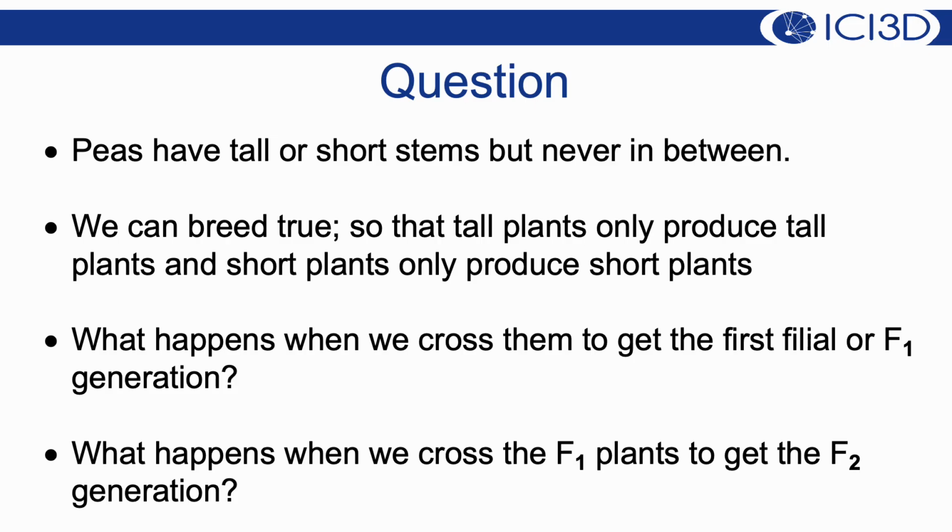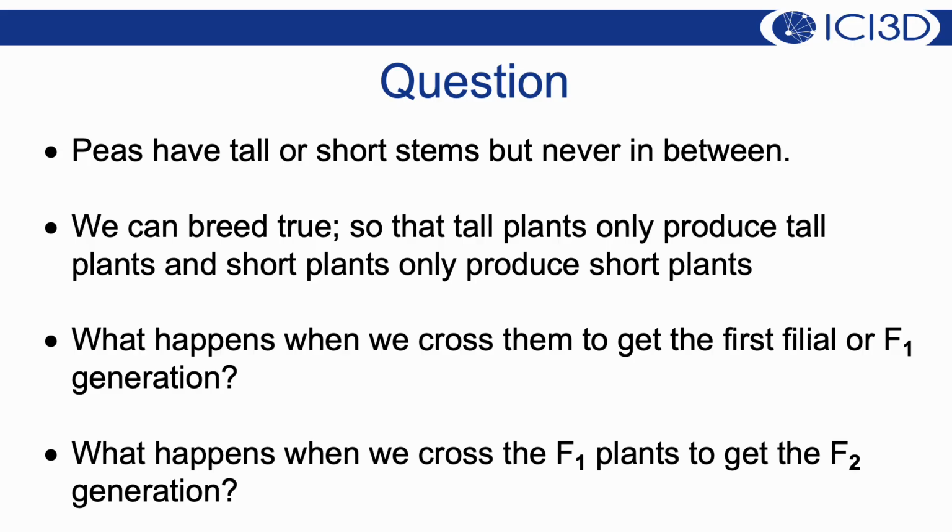And they breed true. That's to say that if you take tall plants and cross them with other tall plants, and you grow seeds from tall plants, then they always produce tall plants. And if you take the seeds from a short plant, that always produces a short plant.